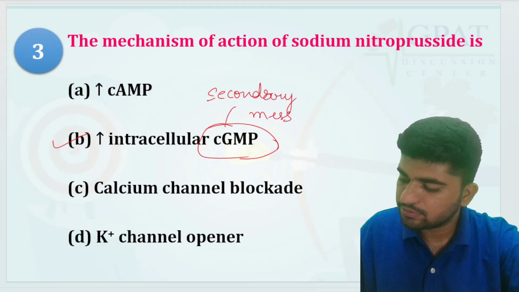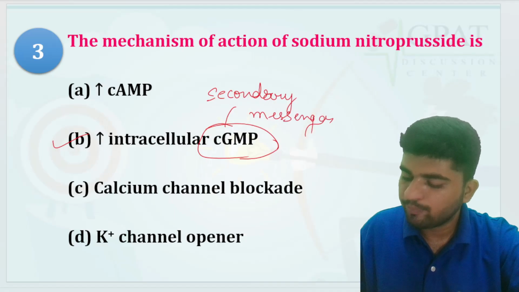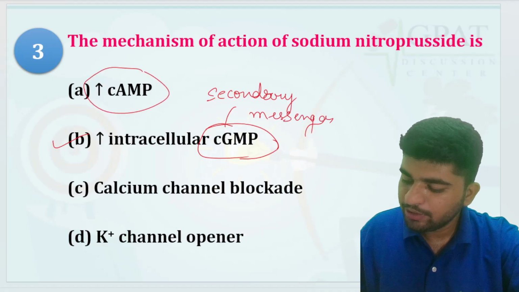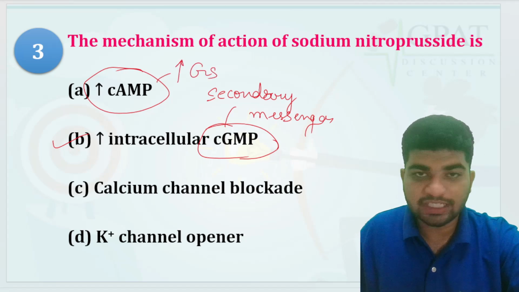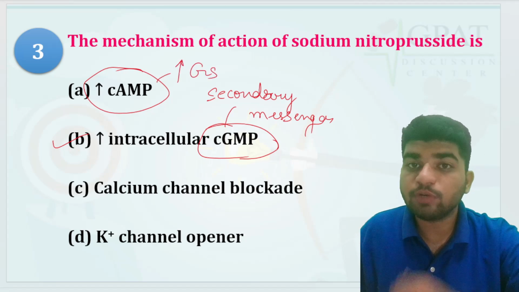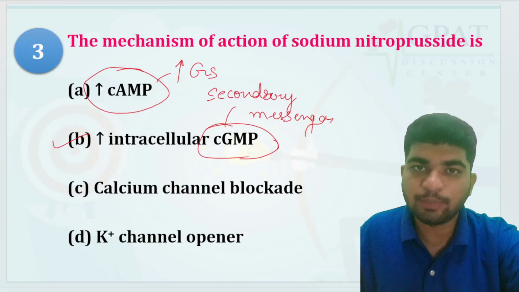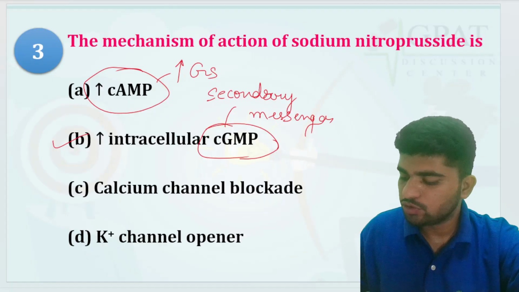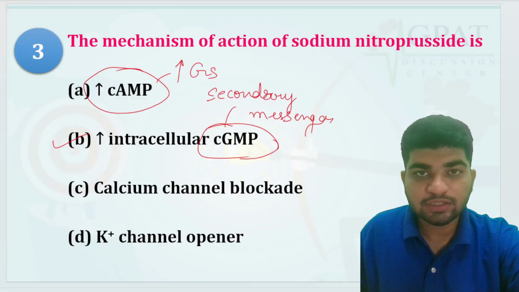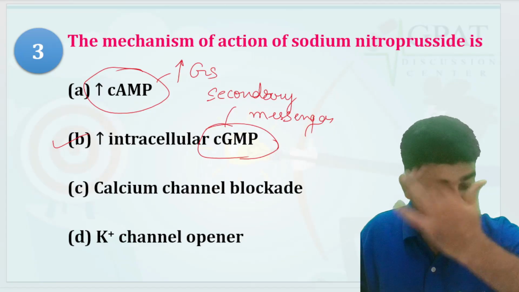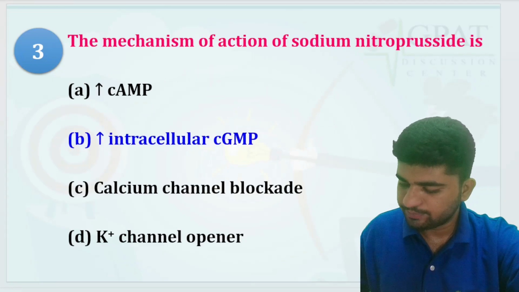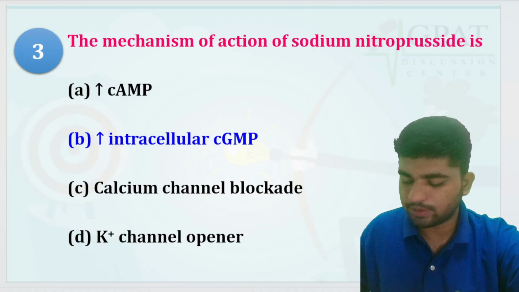In cAMP, you will see an increase through Gs coupled receptors, GPCR. cGMP intracellular level gets increased through sodium nitroprusside. So the right answer is intracellular cGMP.